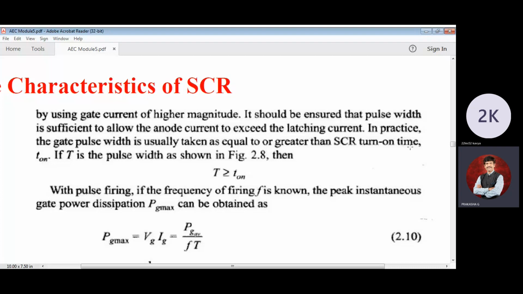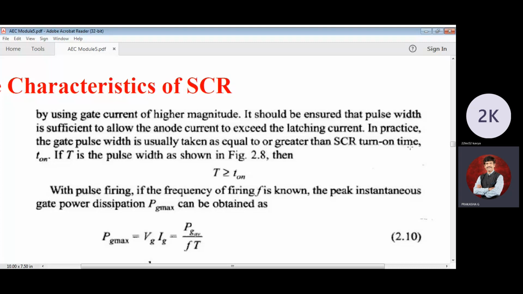The pulse width of the gate should be greater than the turn on time. That means T should be greater than T on, at least equal to or greater than. That is what has been given.